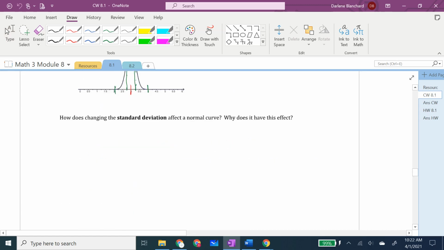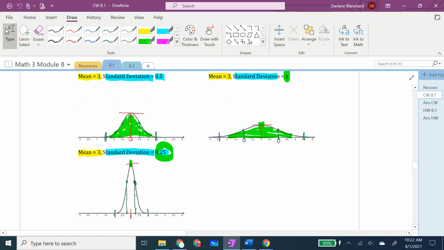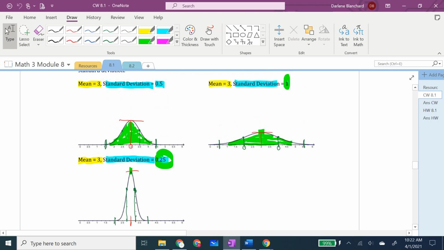But when it was the same mean, but a different standard deviation, that changed quite a bit. It changed the spread of the graph, and it also changed how high it went as well.